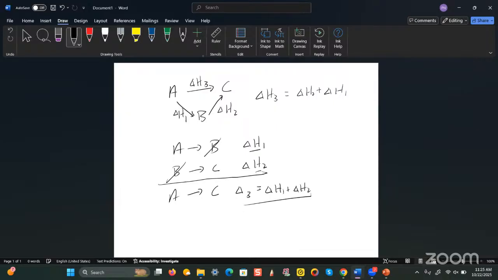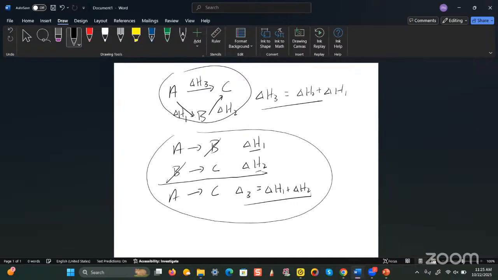And you see we get the same thing. So I'm just using two different approaches, this one or this one. The result will be the same, all right? So that's basically what Hess's law is saying.